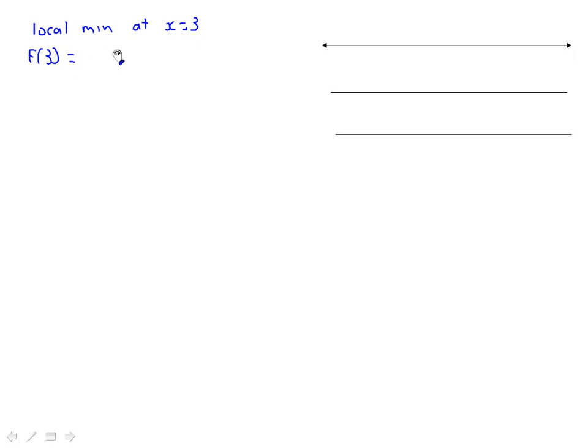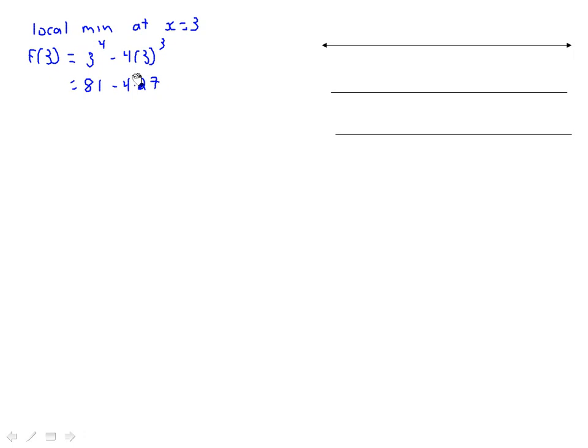Now we find out what the y-coordinate is, so f at 3. Go back into the original, make sure, and plug into that function, so 3 to the 4 minus 4 times 3 cubed. So when you work that one out, 3 to the 4 is 81 minus 4 times 27.